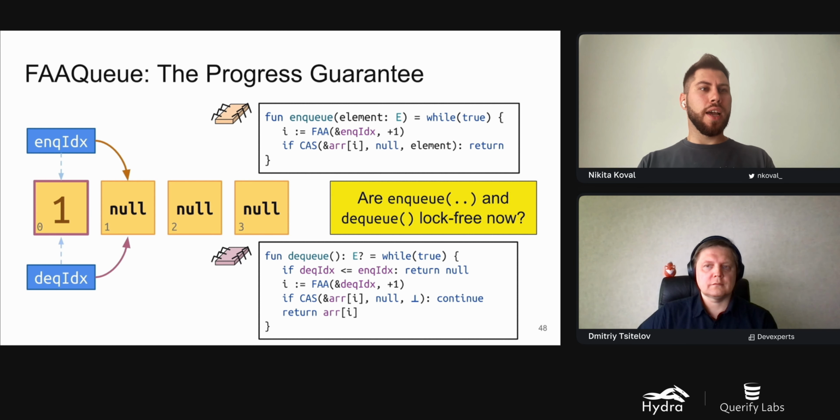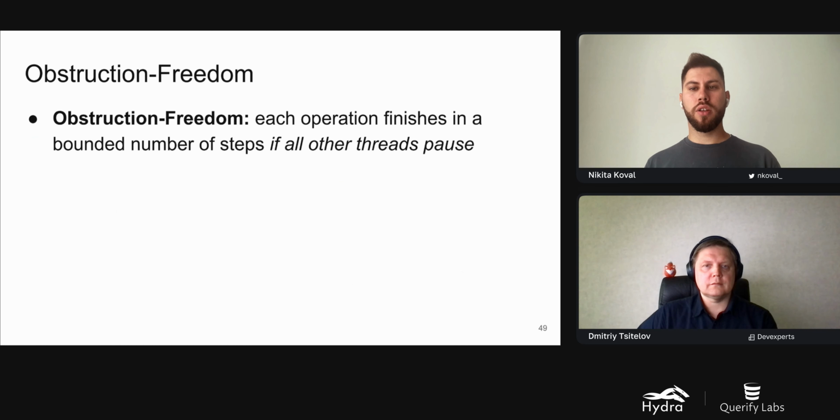But what can we guarantee? For such algorithms, there is a special abstraction, obstruction freedom, a progress guarantee, and it guarantees that each operation should finish in a bounded number of steps if we pause all other threads.